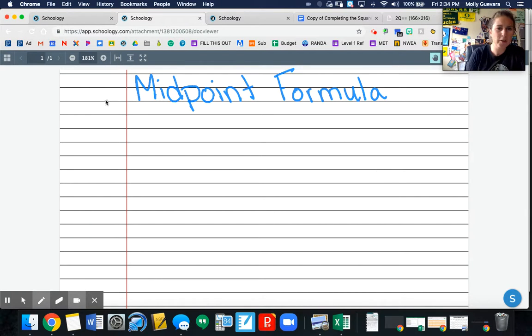Okay, so the first thing is let's define what is the midpoint. I feel pretty confident you probably know that, but just in case.